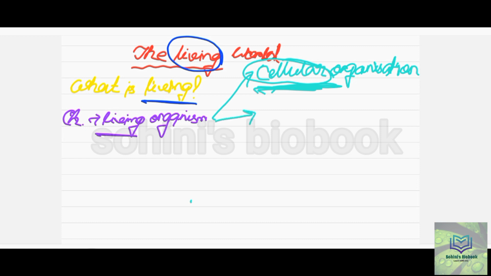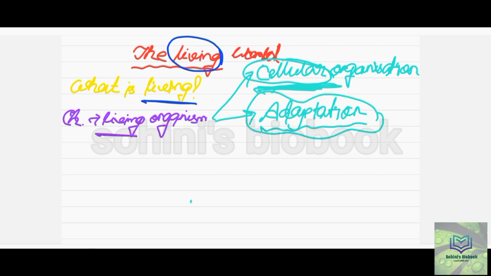What can be next? Next is adaptation. We have already read about irritability or consciousness. If a living organism is able to sense its environment and its irritability helps it to adjust or acclimatize according to the changing surroundings, then there must be adaptation also, and adaptation leads to evolution.